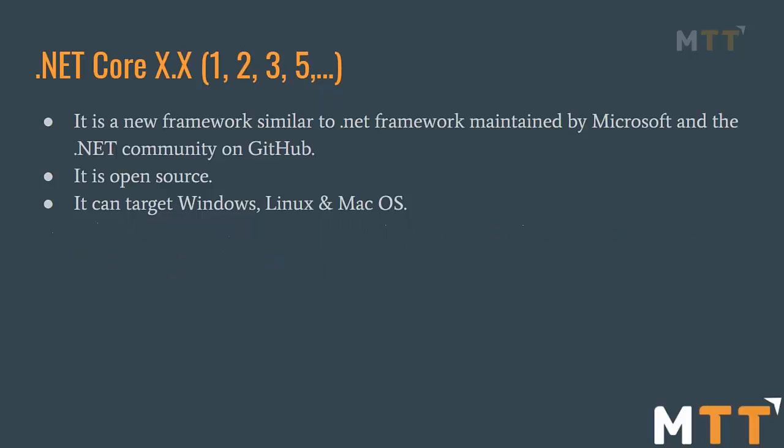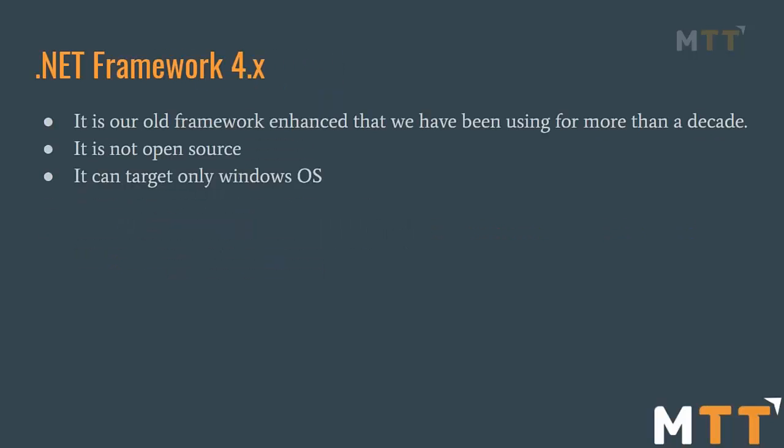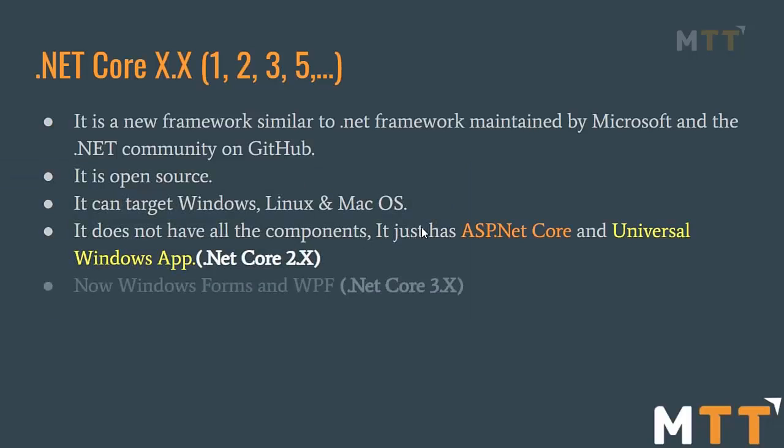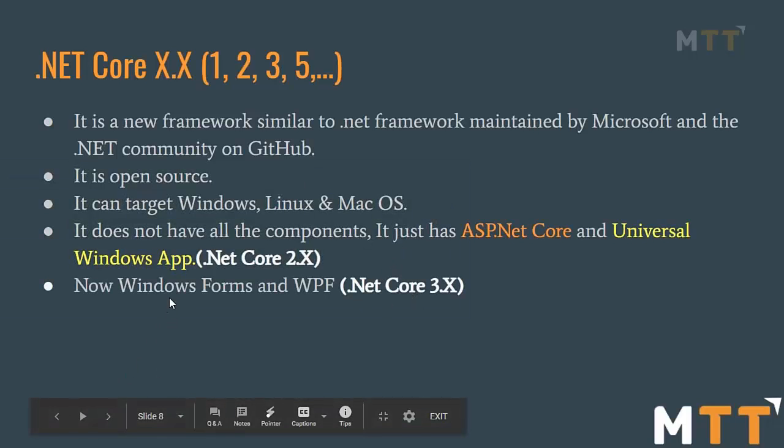That means all the components, like you can see here, you have a lot of components: Windows Forms application, WPF, SignalR. These were not available in earlier versions of .NET Core. But from .NET Core 3.x onwards, Windows Forms is also available, WPF is also available. So everything is available now.